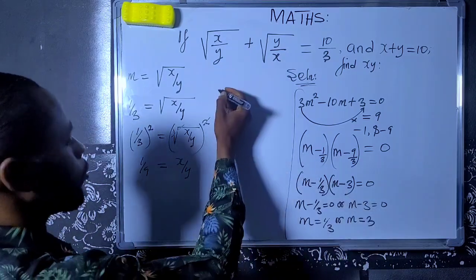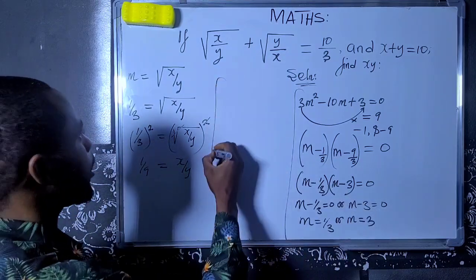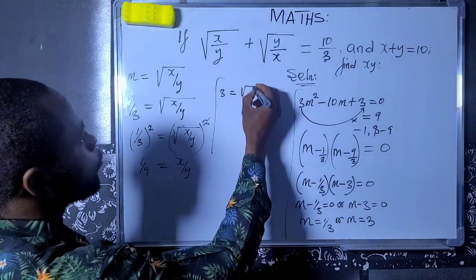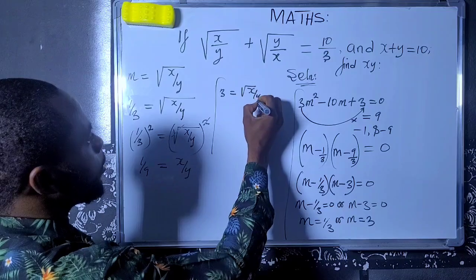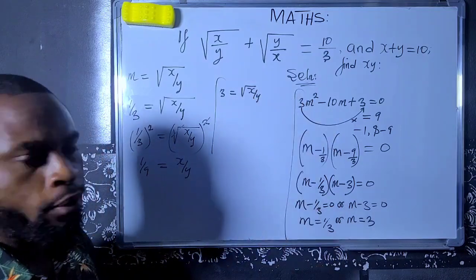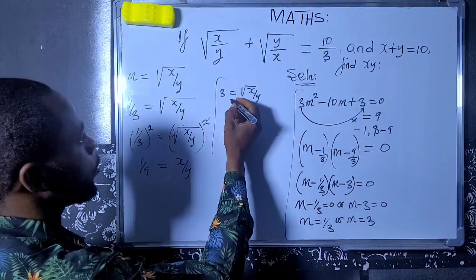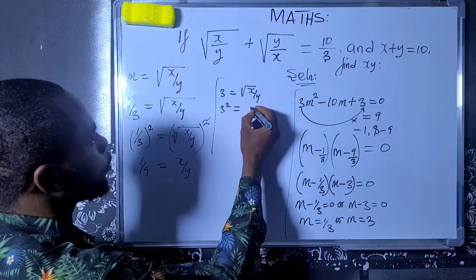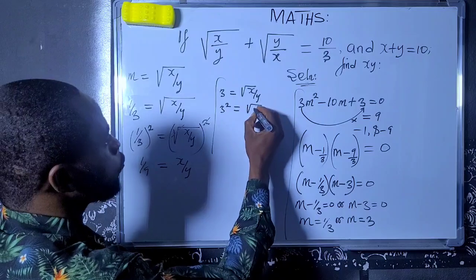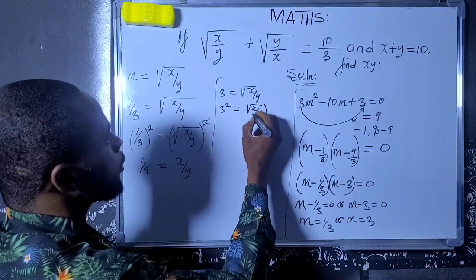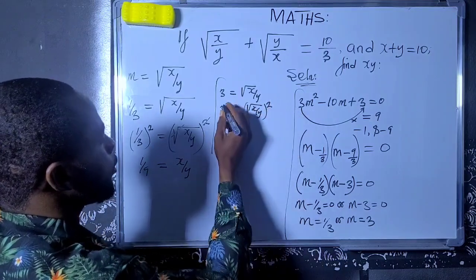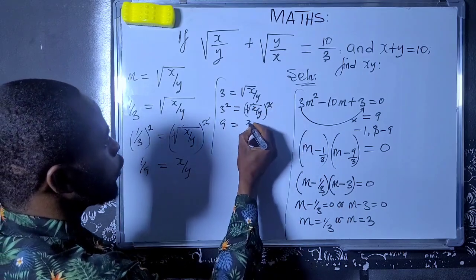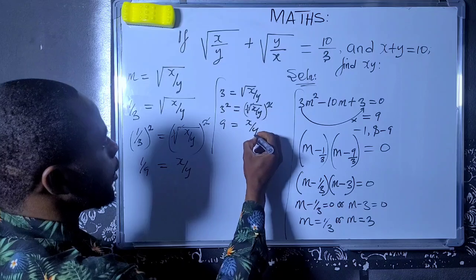If we use the second value of m, we are going to have that 3 equals the square root of x divided by y. We still apply the same principle by squaring both sides of the equation. We have 3 squared equals the square root of x divided by y, squared. Then 3 squared gives us 9, equals, the square root will cancel the square, and we have x divided by y.